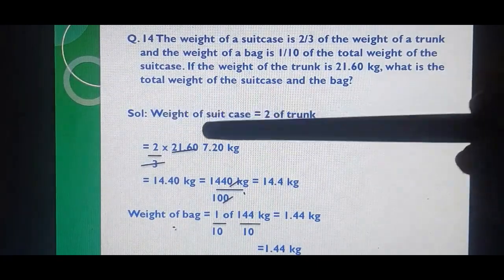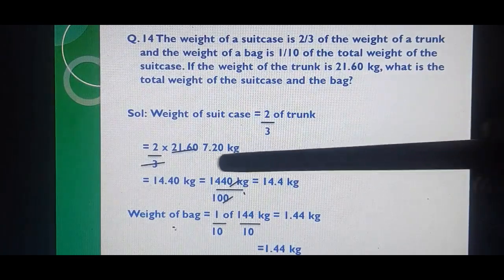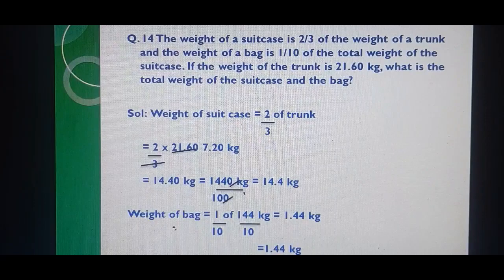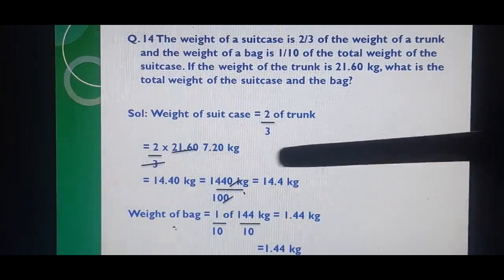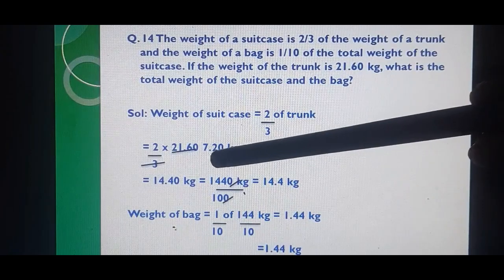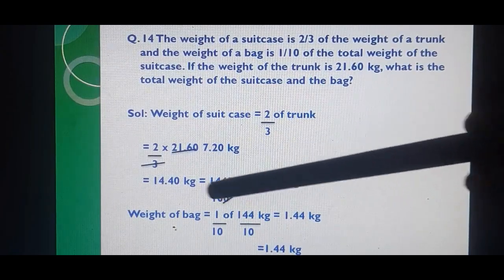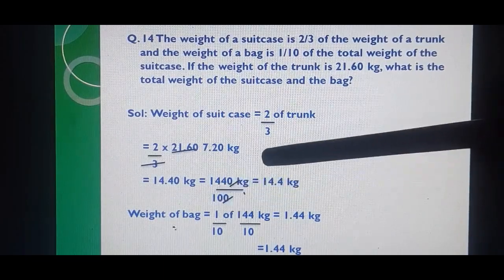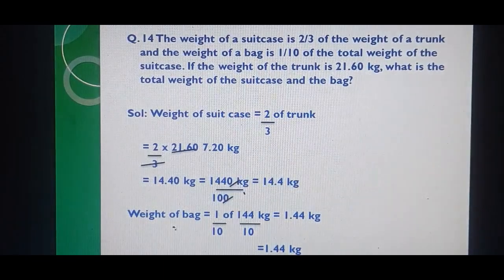Now it is 2 multiplied by 7.20, that is 14.40 kilogram. Remove decimal if you want, or directly you can solve it. We have removed because we will cancel 0 here. 1440 upon 100. 1 0 will cancel. 144 upon 10, that is 14.4 kilogram. This is the weight of suitcase.